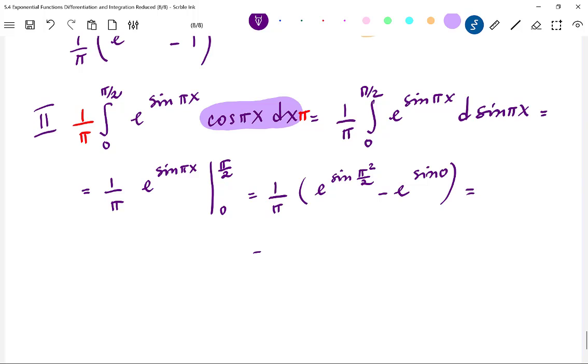And my final answer is 1 over pi times e to the sine pi squared over 2 minus sine of 0 is 0 and e to the 0 is 1. So I'm getting the same answer.